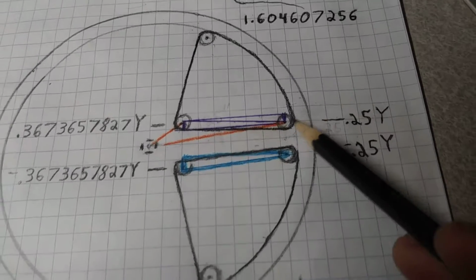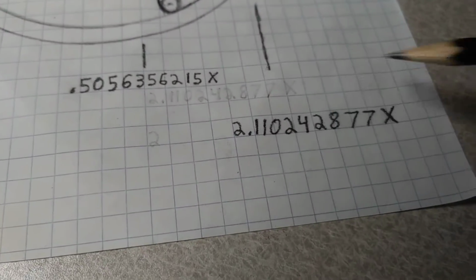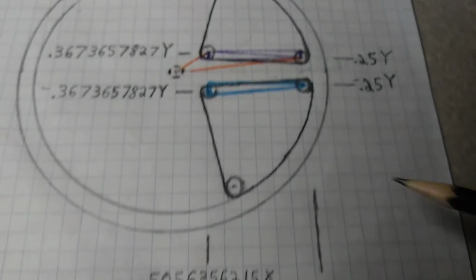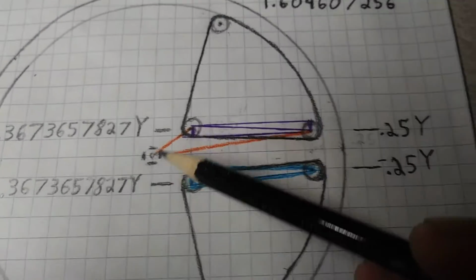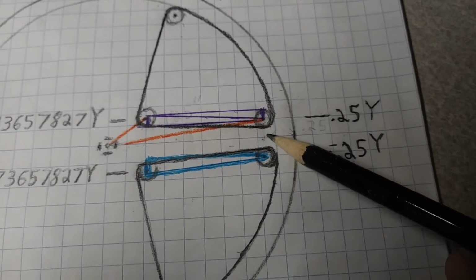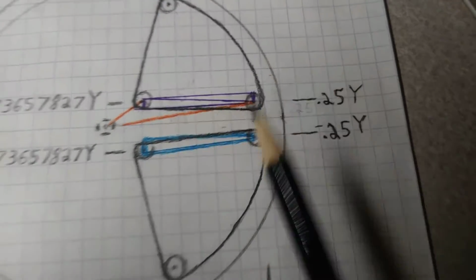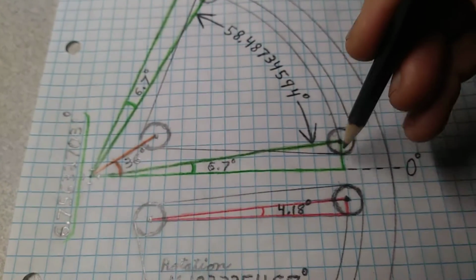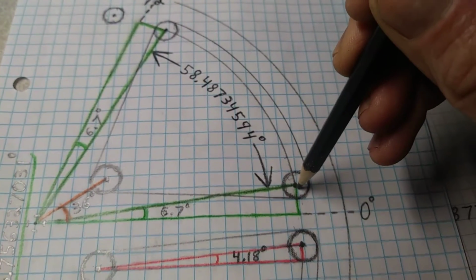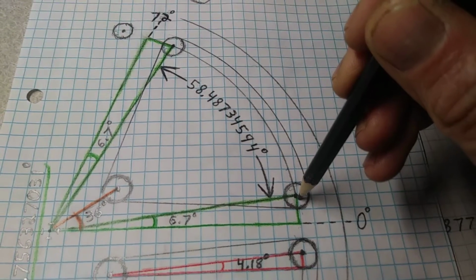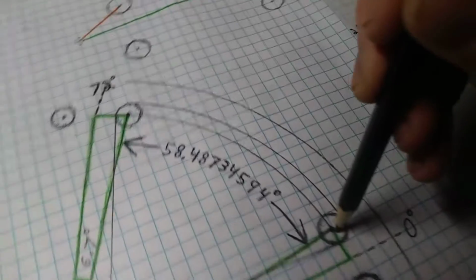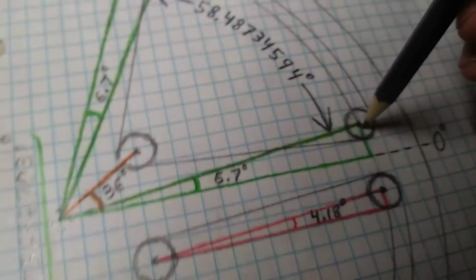You could go out to here, which is, there it is, 2.11 X, and then you go up to 0.25 Y, and your cutter would be right here, and you would leave your cutter there and rotate the rotary table 58.48 degrees.